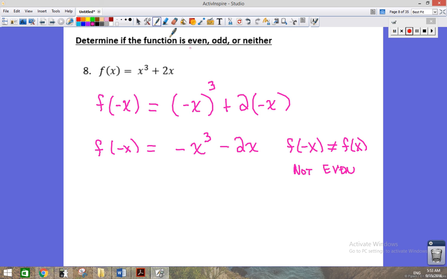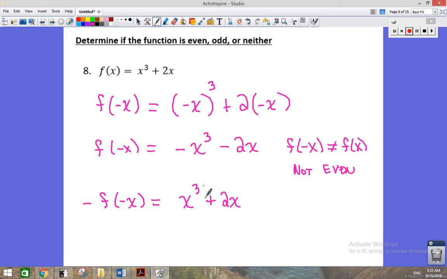Now, if we take the opposite of this, will it become the original function? So if I am interested in the opposite of f evaluated at negative x, well, that's like multiplying both sides of this equation by negative 1. If I take the opposite of this first term, I get x cubed, and the opposite of subtraction is addition, and I get plus 2x.